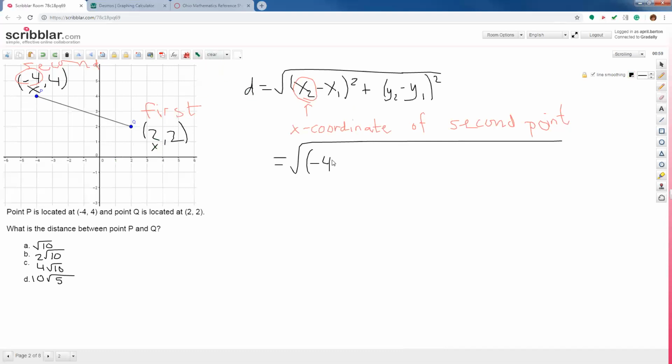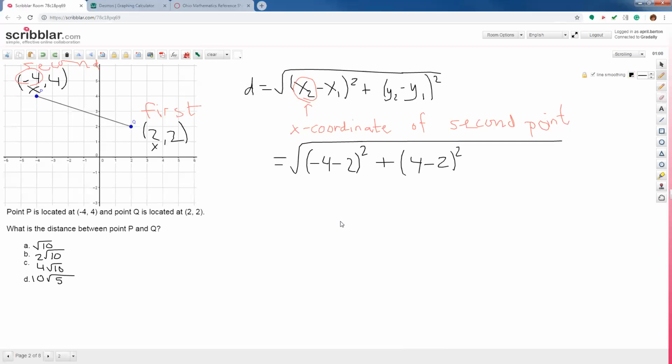So -4 minus 2, and the minus is just because of the minus sign of the formula. Now we do the same thing but with the y values. So we want the y value of the second point. It's 4. And y value of the first point. It's a 2. Good.